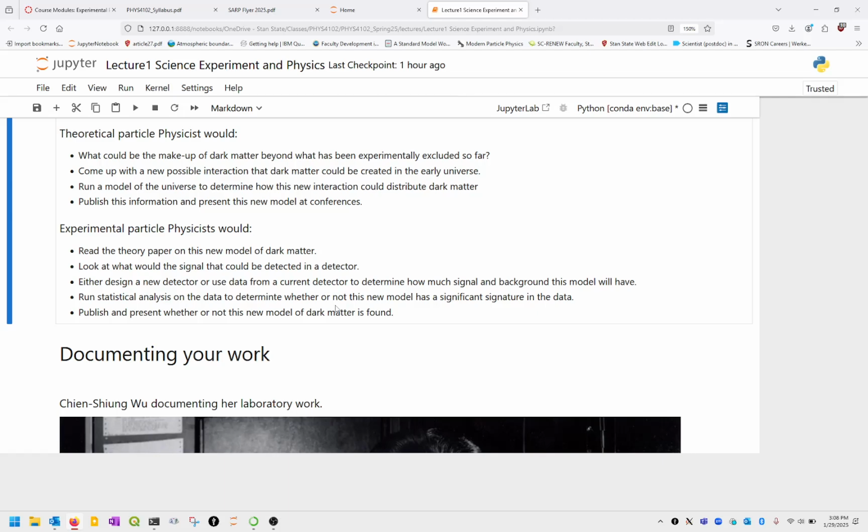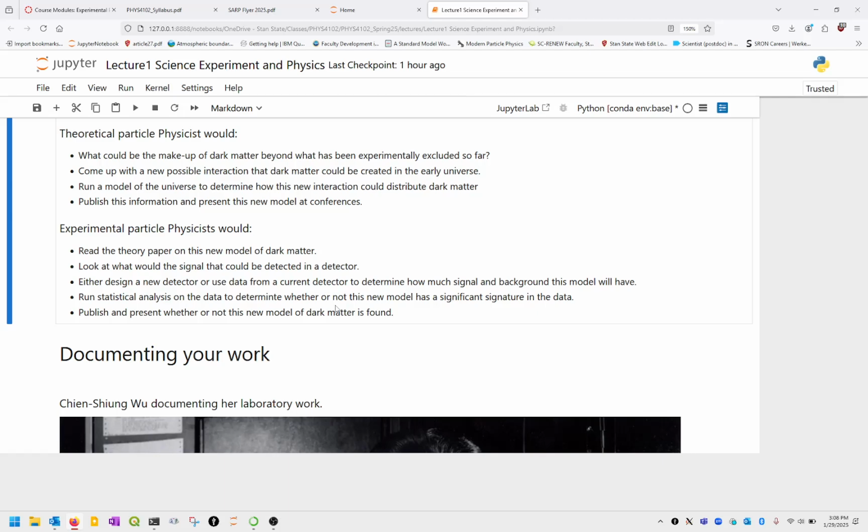Then you actually conduct the experiment itself, hence the name experimental. You either build the experiment or look for data in current experiments, and see if you can see this new model of dark matter in the data. Then you do all the data analysis and uncertainty work, which takes about a year, and then you publish your results.